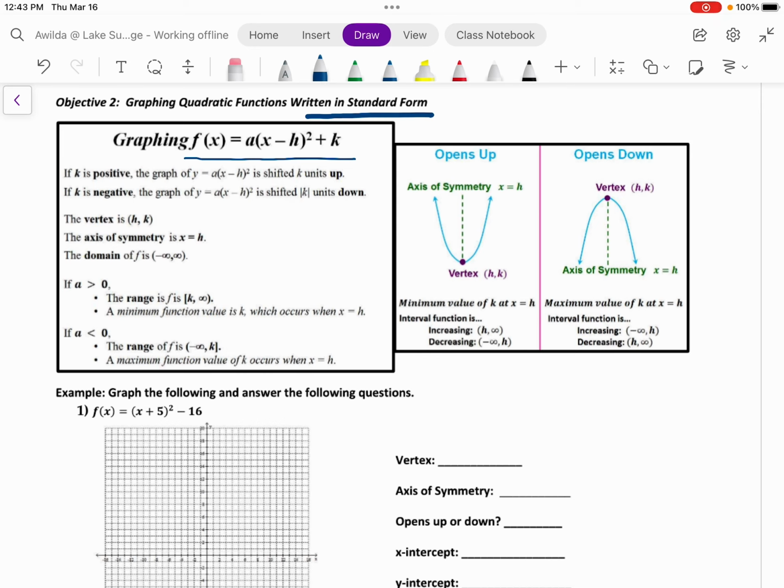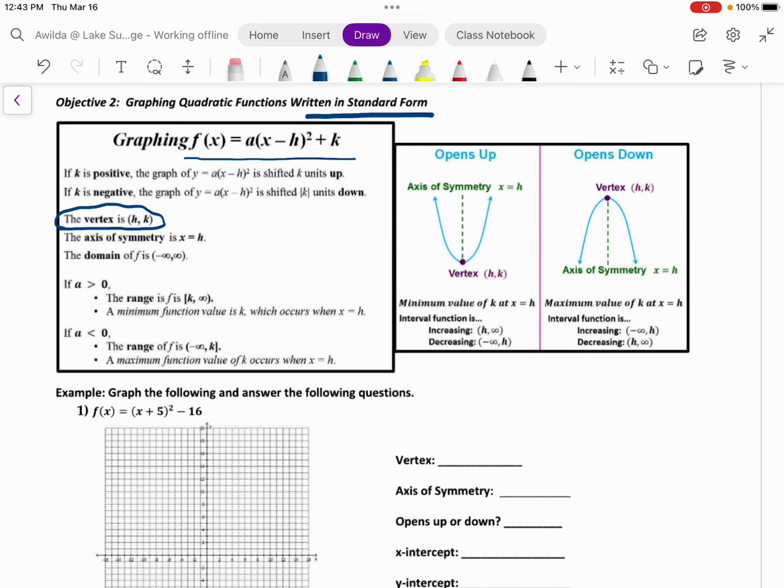If a is negative, then the parabola will open down. We also see two new constants, h and k. h and k are actually the coordinates for the vertex of that parabola. So we see here that the ordered pair h comma k is the ordered pair that is the vertex of that parabola.